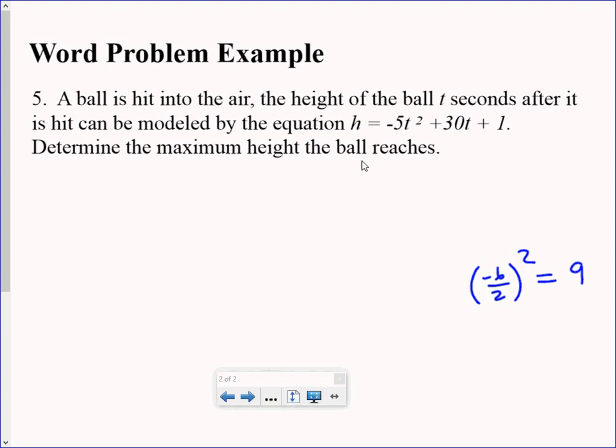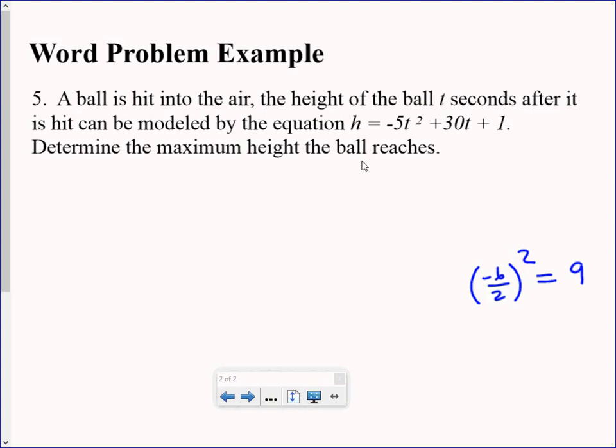Now if you think about it, we've done this before, right? Instead of h and t, we used x and y. In order to find the maximum or minimum, we need to use the vertex form.